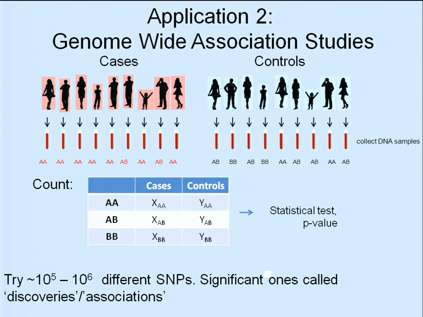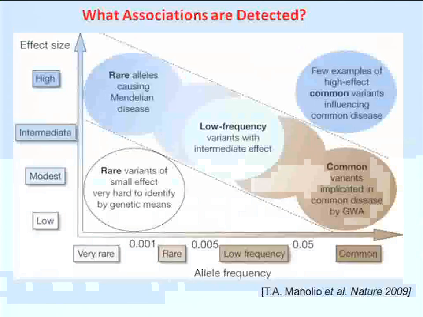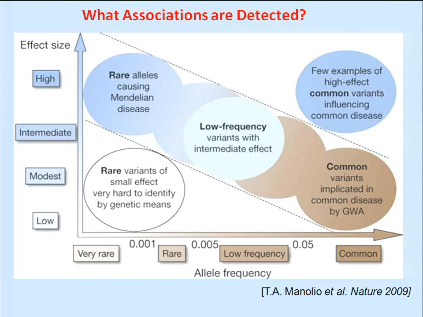Hundreds of thousands or millions of such loci were found. But what was found was the low-hanging fruit.